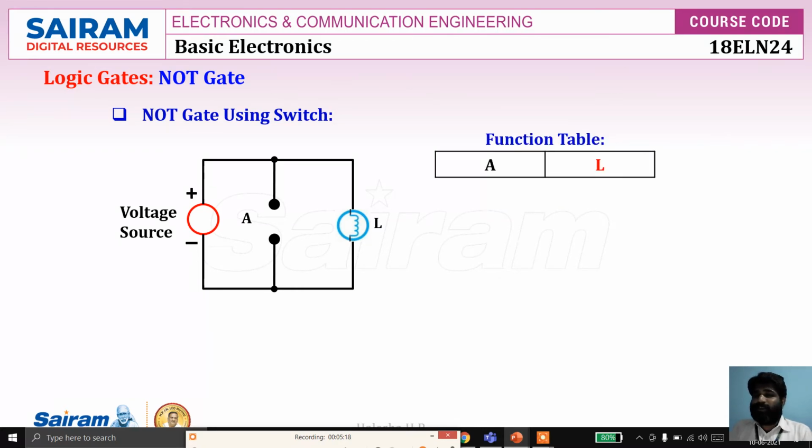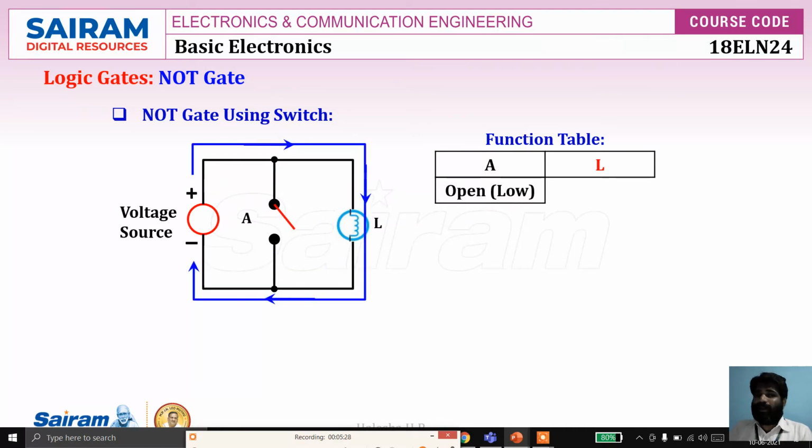A is the switch, L is the lamp. If the switch is open, that means low, 0. If it is open, what happens? Current flows in the outer path, so the bulb will glow. So A is 0, L is 1.